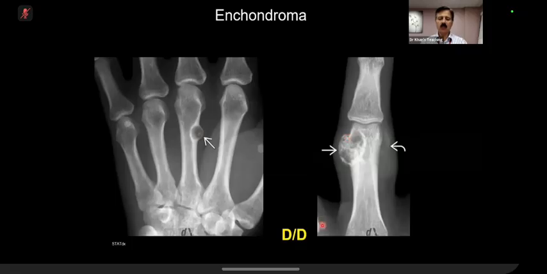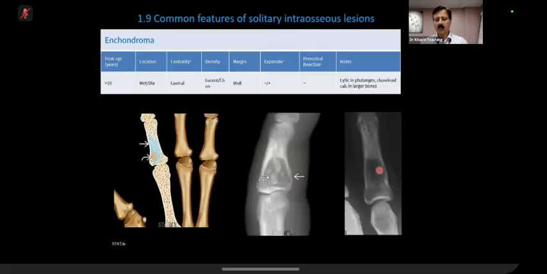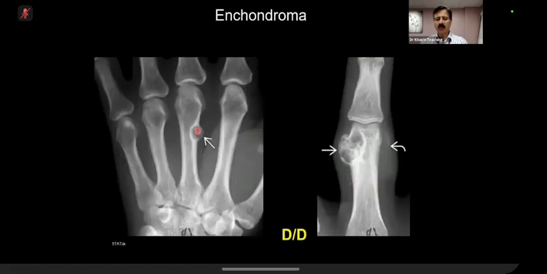So the basic concept, you remember that we learned that enchondroma is in the medullary cavity and it is central. But you should know that there can be enchondromas which arise from the cortex. Why? I'll tell you why. Because in Ollier's disease, etc., you can get these kinds of lesions.